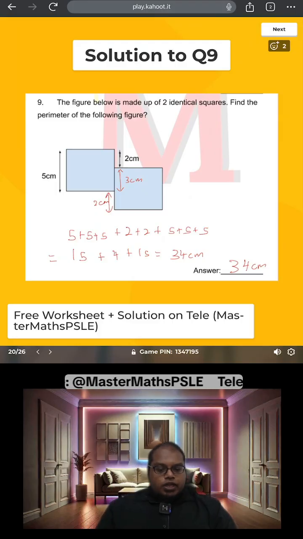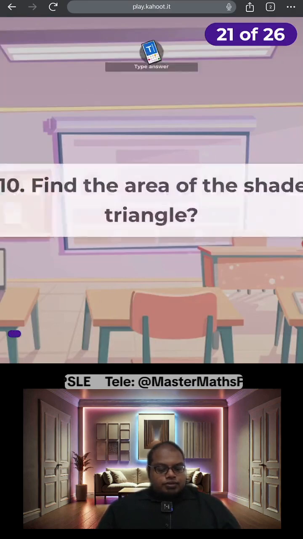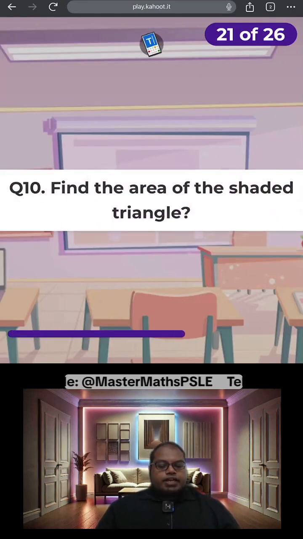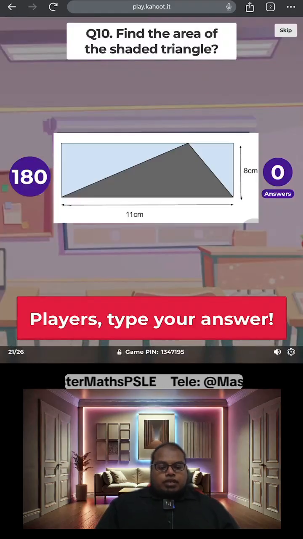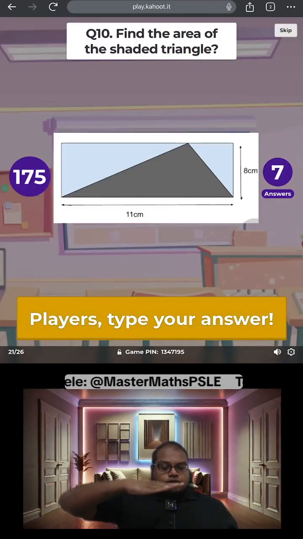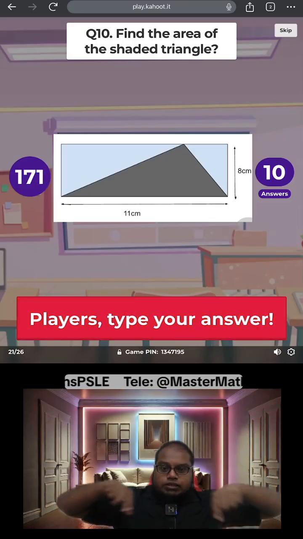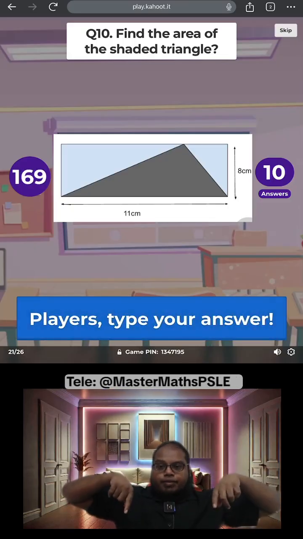Last 2 questions for today. Find the area of the shaded triangle. So the figure below, you see there's a rectangle, 11 cm, 8 cm. There's a shaded triangle on the inside.